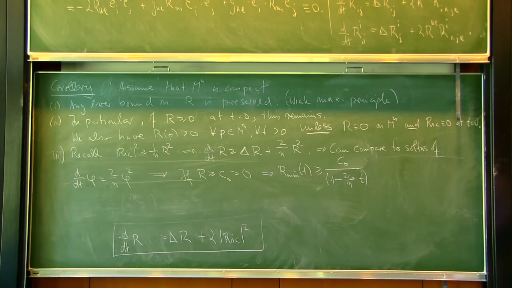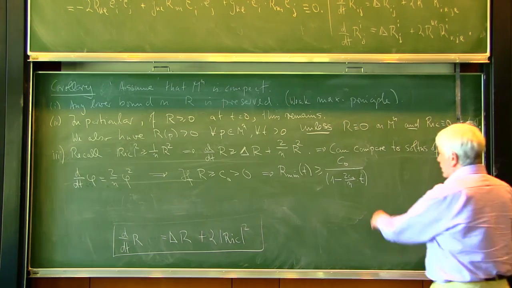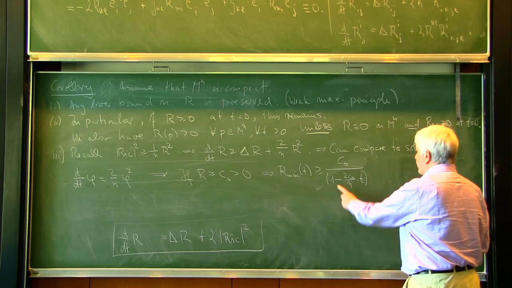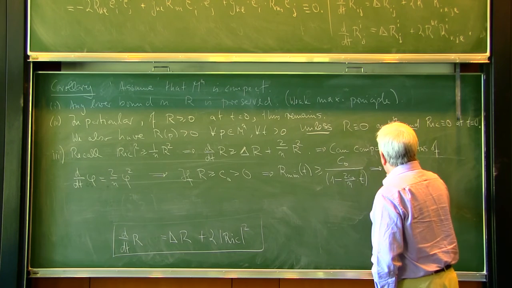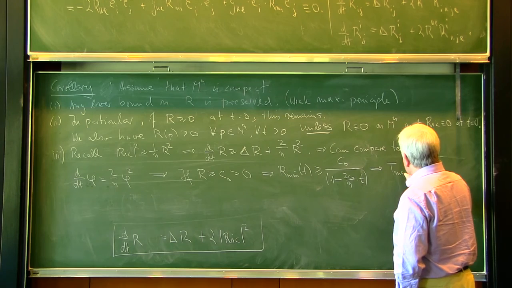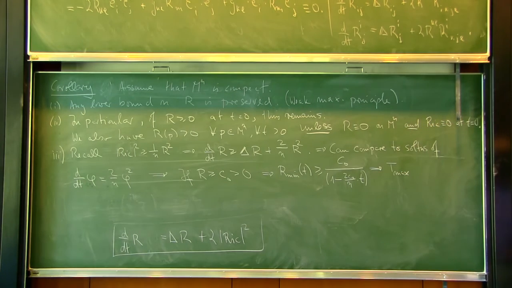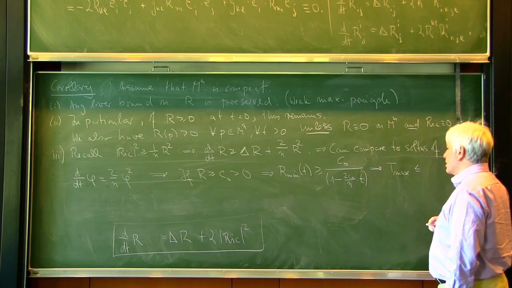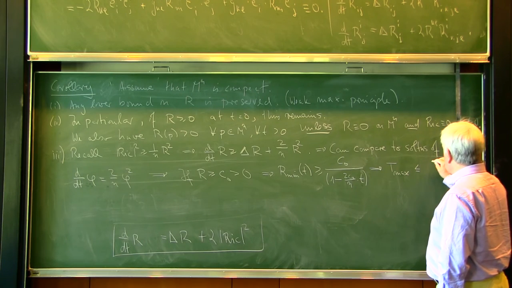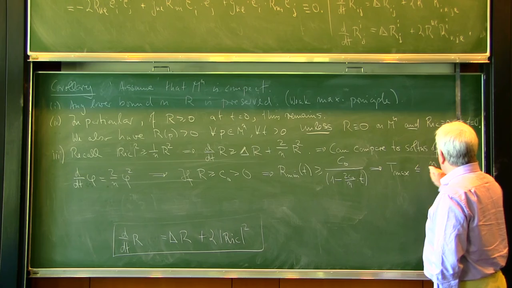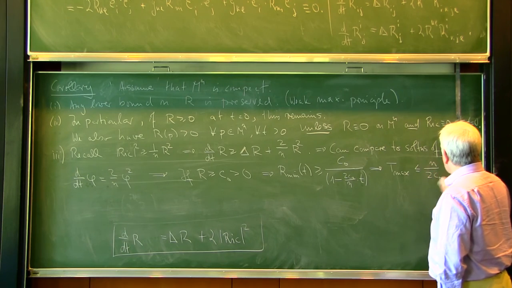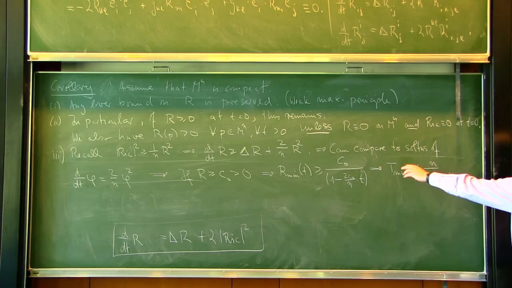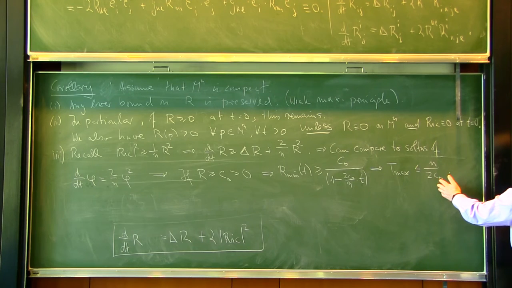In particular, we see that something has to go wrong at a finite time. So we must have that the maximal time of existence on such a manifold for a smooth Ricci flow must be less than n over 2 C0, which is the right scaling. Time should scale like distance squared, and 1 over curvature is exactly like distance squared.